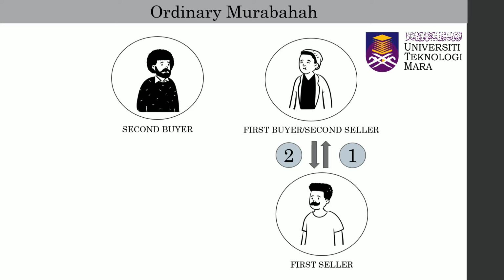If the payment is made on a deferred basis through a murabahah contract, then the fact should be disclosed to the second buyer. Third, the second seller sells the commodity to the second buyer by disclosing the cost price of the commodity and whether he bought it from the seller through murabahah. And fourth, the second buyer pays the price either on a cash basis or a deferred basis.